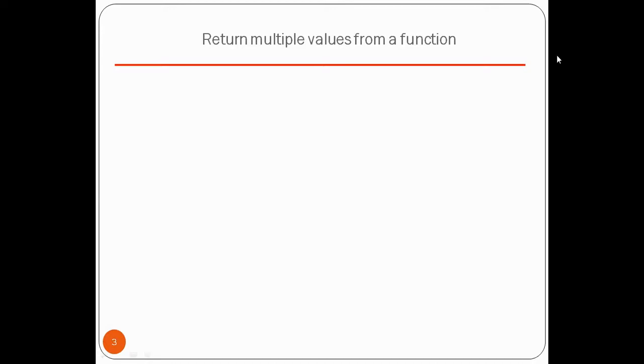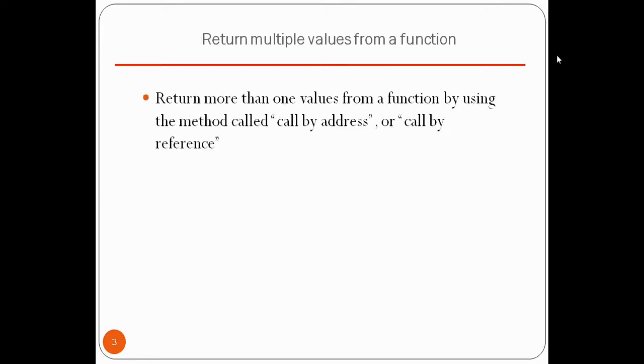Now, we can return more than one value from a function by using the method call by address or call by reference. So this is one way in which we can return multiple values from a function. So we have to call the function by address or by reference.